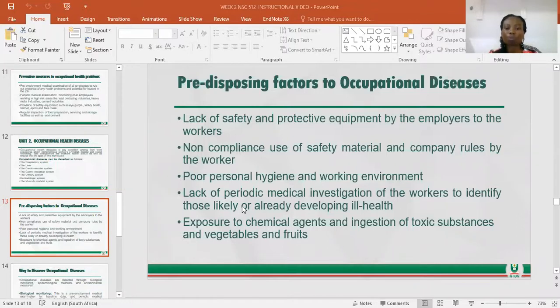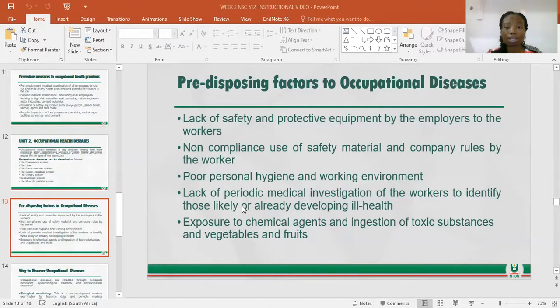Here we have predisposing factors to occupational disease, which are lack of safety and protective equipment by the employers to the workers. In some industries, the employers do not provide for the workers safety and protective equipment. It is the right of the employees.